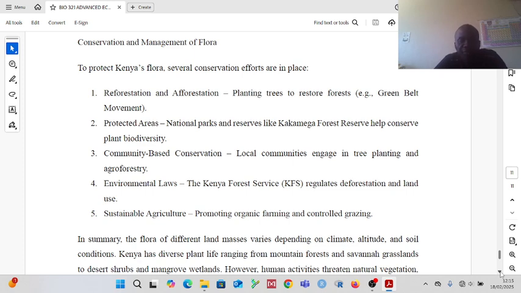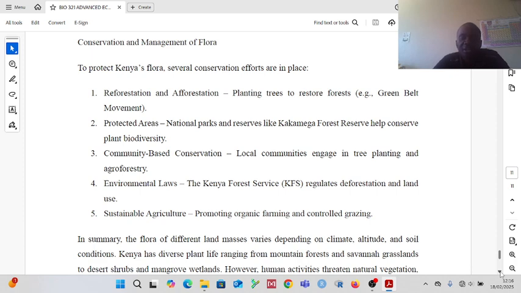You engage them to ensure that they don't cut trees just anyhow. Then in the cases now where you have to come up with laws, then the government of the day, the necessary government agencies can come up with regulations to ensure that deforestation and land use are dealt with in a sustainable manner. Come up also with what we call sustainable agriculture.